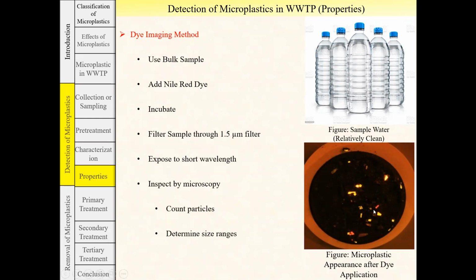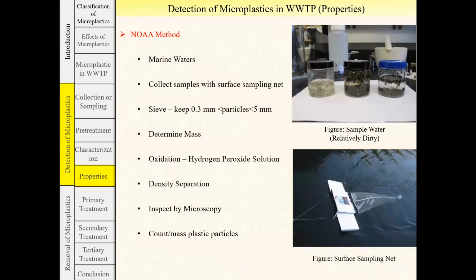Here you can see in this figure, they appear like this. Now we can filter those samples through a 1.5 micrometer filter, and then inspect through the microscope and spectrophotometer to determine size, shape, chemical composition, etc.